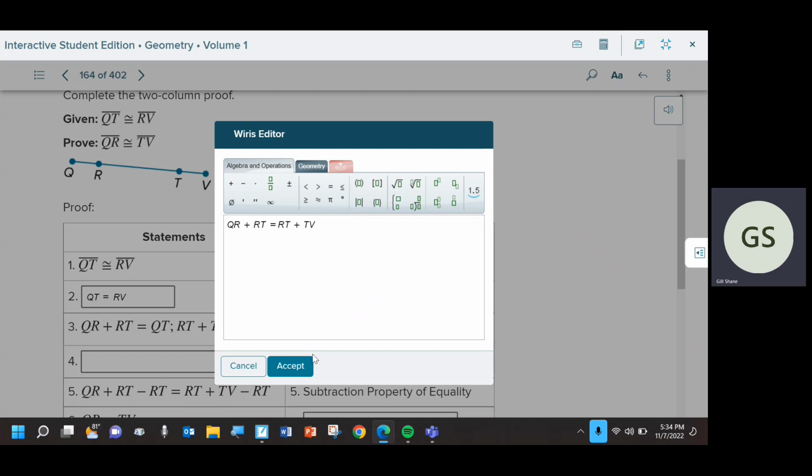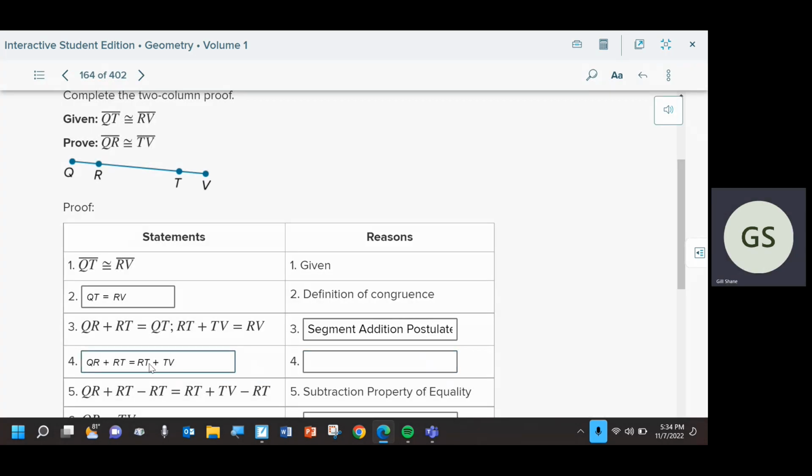That would have to be the line in 4. Because then I could say, okay, well, from this left side, which is right here, I'm going to subtract RT. From the right side, I'm also going to subtract RT. So that's kind of how that would look and how I worked backwards.